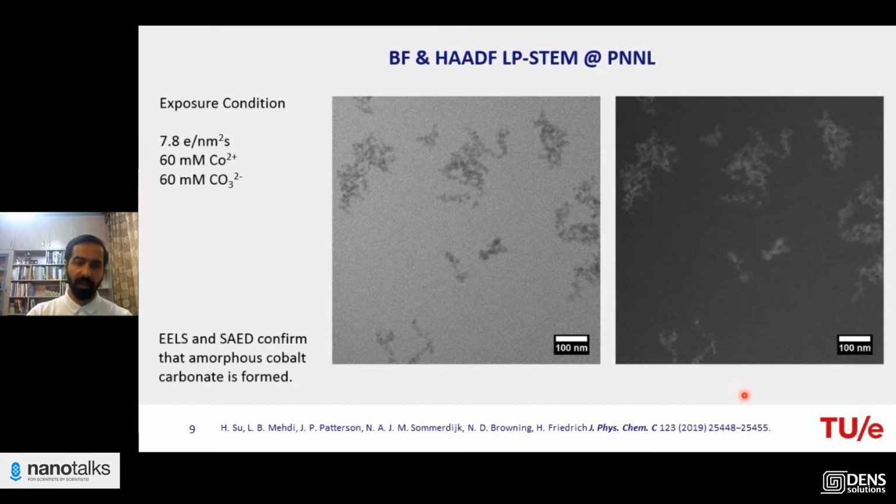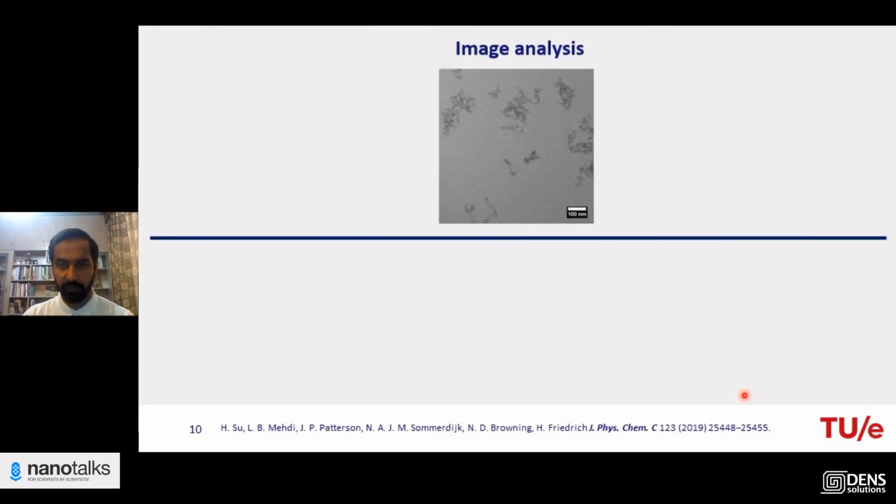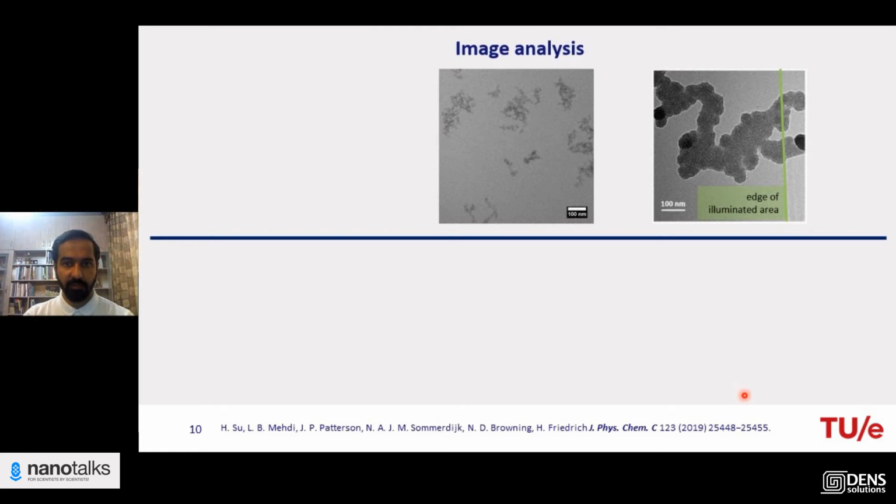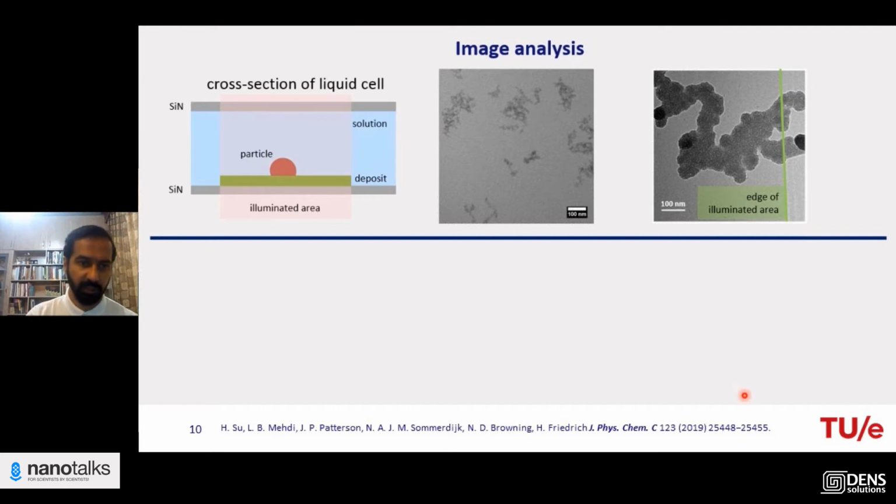EELS and SAED also confirmed that amorphous cobalt carbonate is forming. For the image analysis, we considered the bright field. We had to consider the effect of the precipitation that is happening in our field of view due to the illumination area.